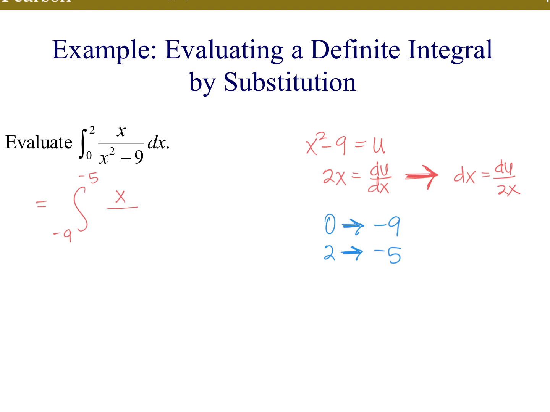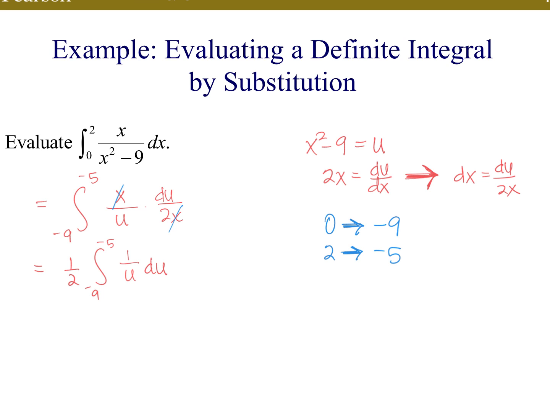x is my numerator while u is my denominator. And then du over 2x is my differential. So as I reduce and simplify, I'll be pulling half out of the integral, and I'll be left with 1 over u du.